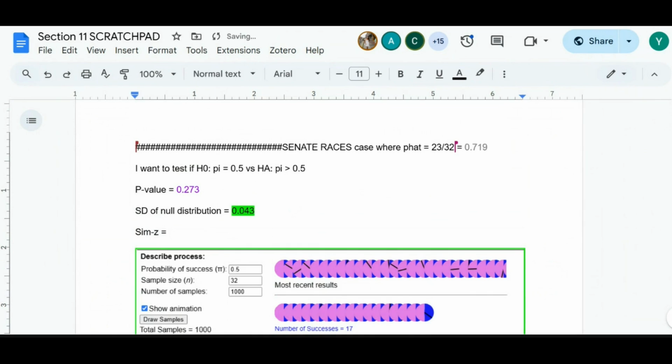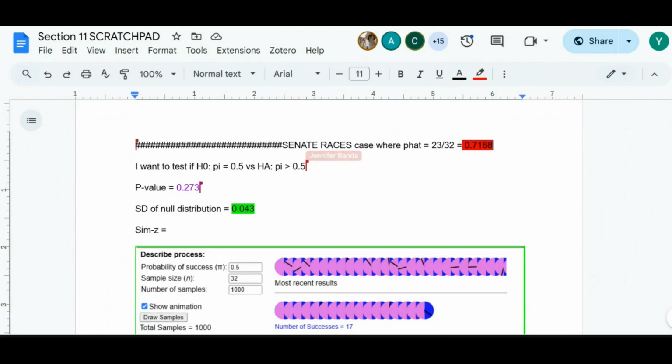Can someone put the correct color on these things? That will help. What should the color be for the 23 out of 32 or 0.7188? What should we color these things in? All right. This one should be colored red because that's what you saw.